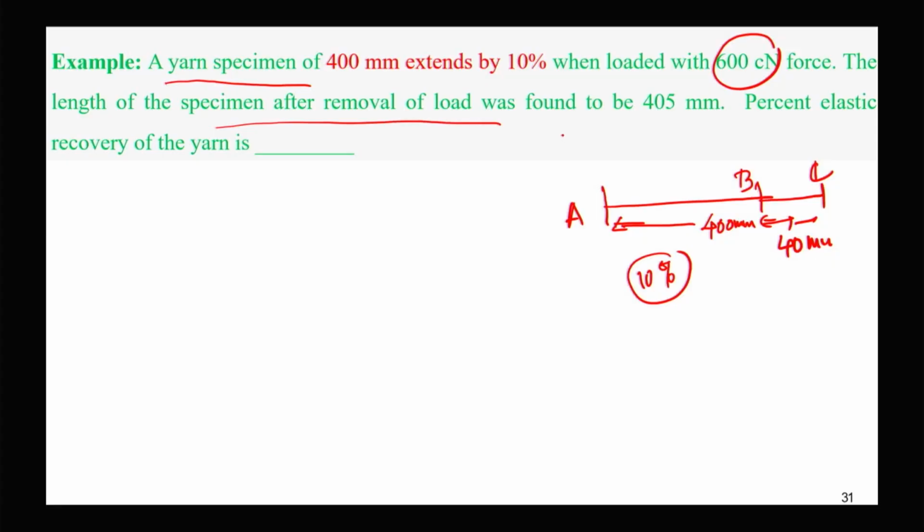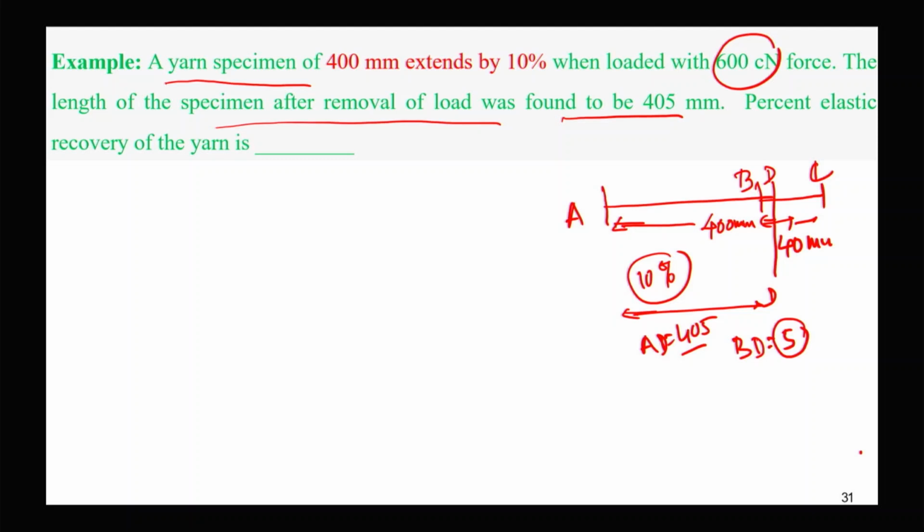The length of the specimen after removal of the load is found to be 405. So AD is 405, and BD is 5, which is the permanent deformation.